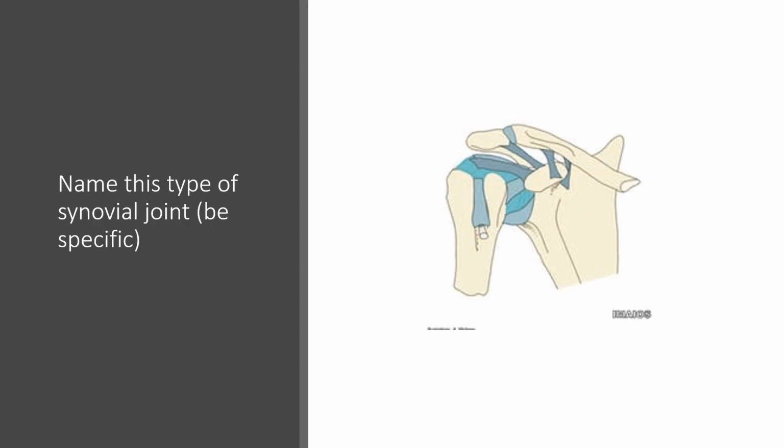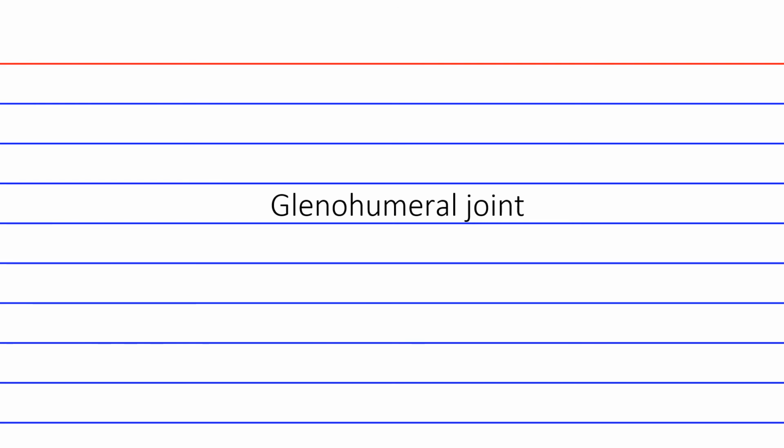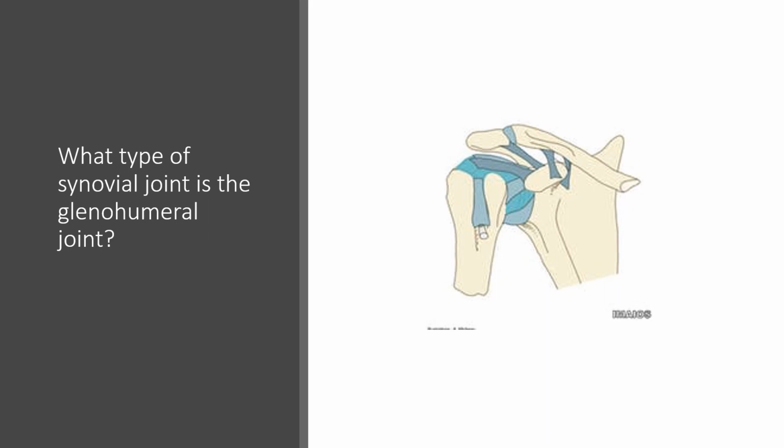Name this type of synovial joint. The answer is the glenohumeral joint. What type of synovial joint is the glenohumeral joint?